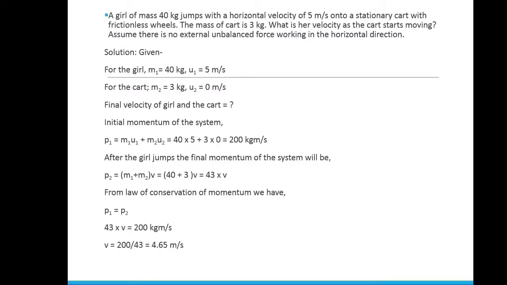Here you can see that there is no negative sign to the velocity. It means the girl and the cart move with a velocity of 4.65 meter per second in the initial direction, the same direction in which the girl was moving initially.